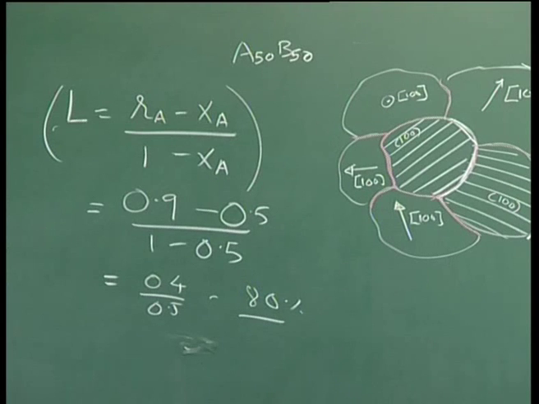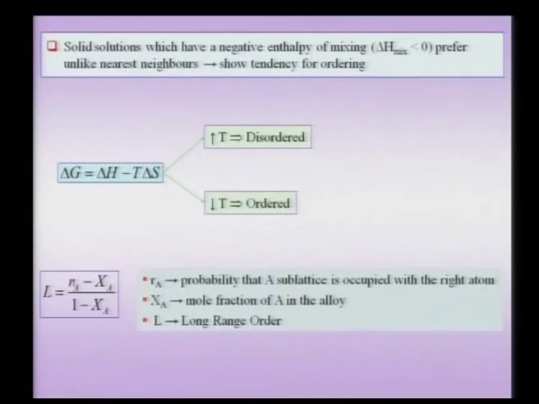Okay. And as disordering is complete, you will find that each atom is randomly present. That means that Ra will approach 0.5, Xa will be 0.5. So, 0.5 minus 0.5 will be 0. That means the order L will become 0.